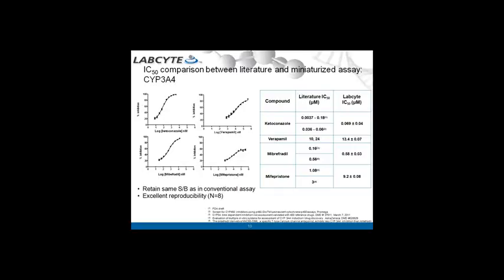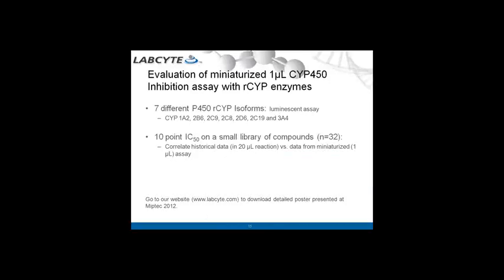So we know CYP inhibition assay works in a miniaturized assay form. Next, we wanted to test our assay miniaturization with a larger set of compounds and multiple isoforms. Earlier this year, we collaborated with Merck Serono.